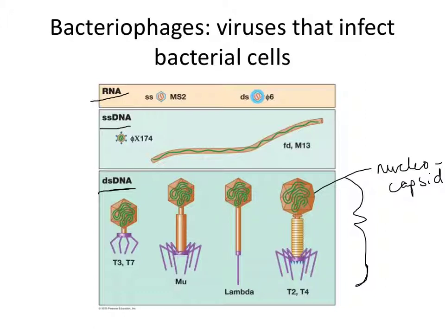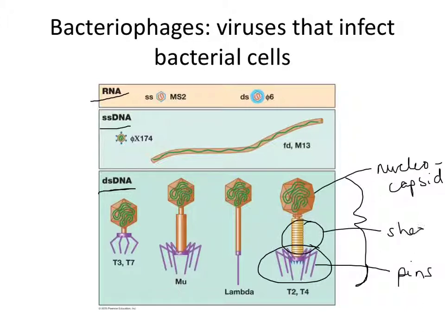The lower portion of the figure shows bacteriophage that have structures known as tail pins or tail fibers. That's what's shown here in purple. And this area would be called a sheath. This figure depicts specifically the bacteriophage that infect the bacterium Escherichia coli, or E. coli.